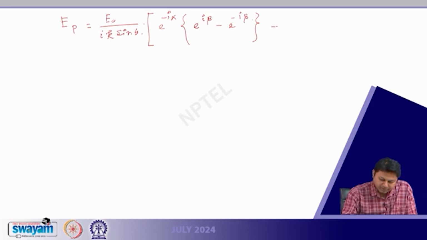Then if I take e to the power of i alpha common, then I am going to get the same term back, e to the power of i beta minus e to the power of minus i beta.